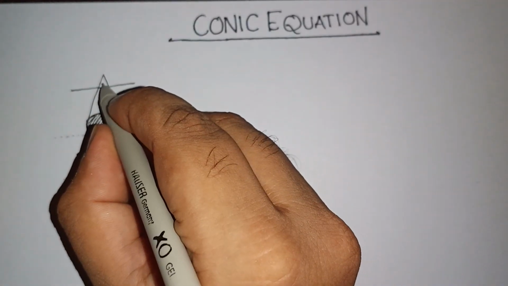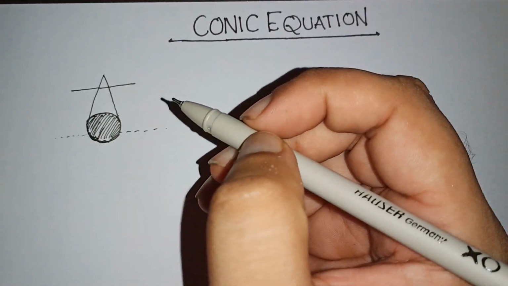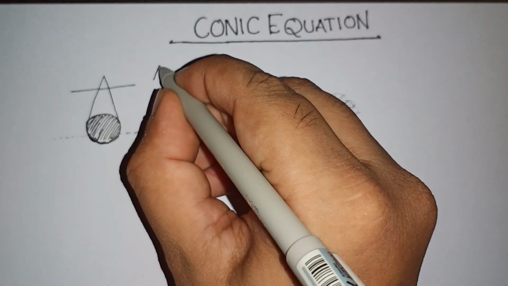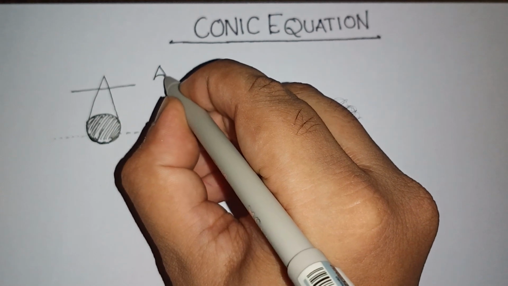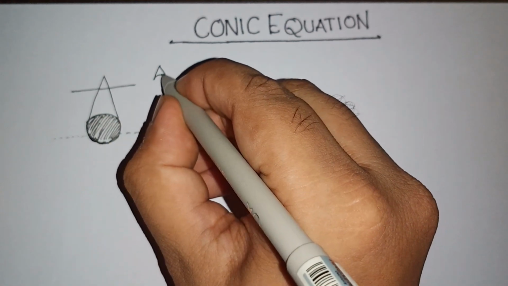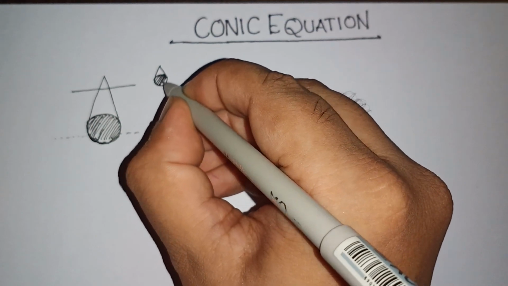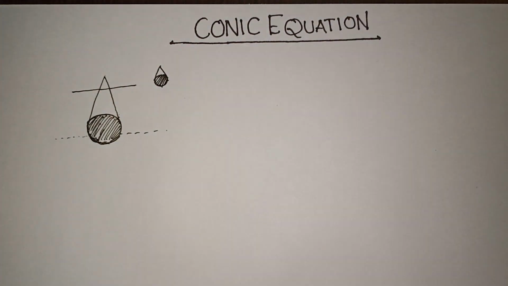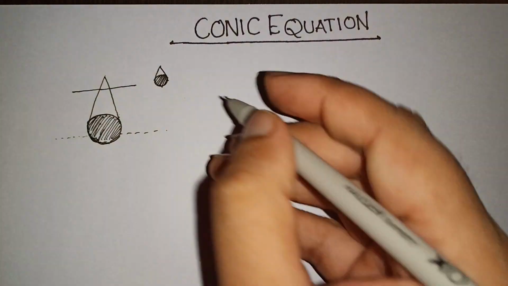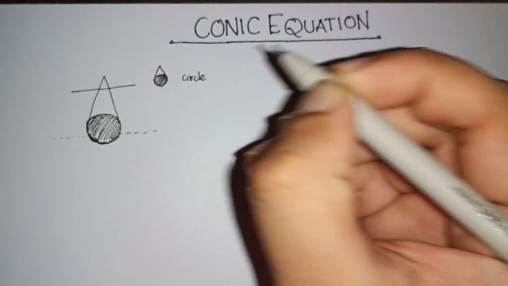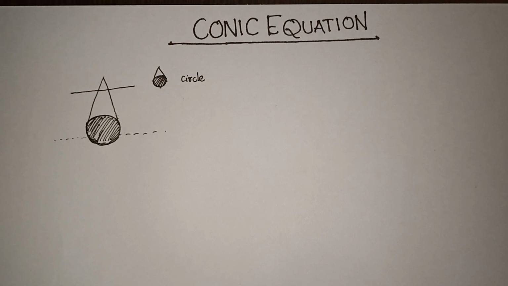Now you take out this cut portion, and if you observe it in the bottom view, you can see something just like this profile. This is basically again a circle. So this is one curve. This is also called a reference conic profile. This is called a circle.